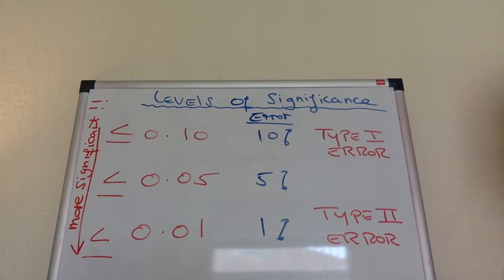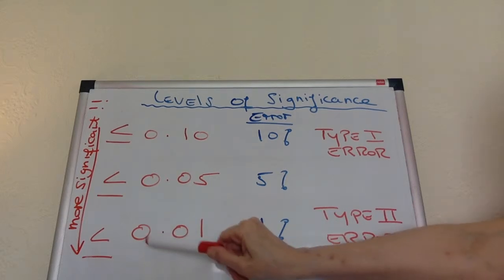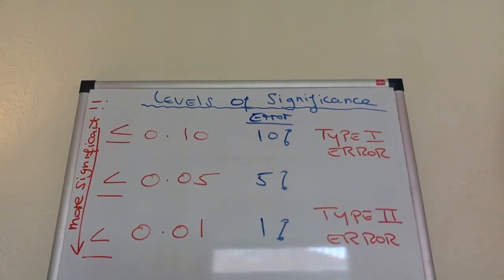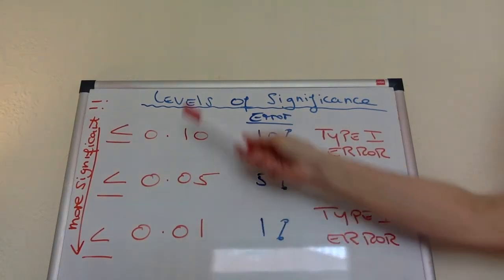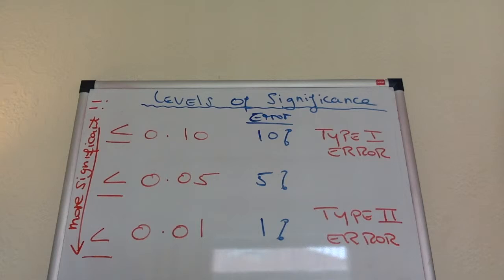But if you found that research had been carried out at the 0.01 level of significance with a 1% chance of error, you'd think, oh, okay, that's 99% certain that's going to work for me. I'll take a chance on that drug. So as you can see, the smaller the number, the more significant. All right, so just learn it like that.